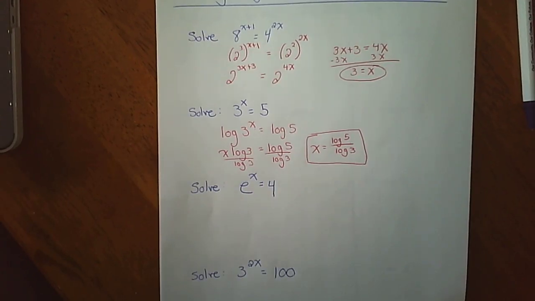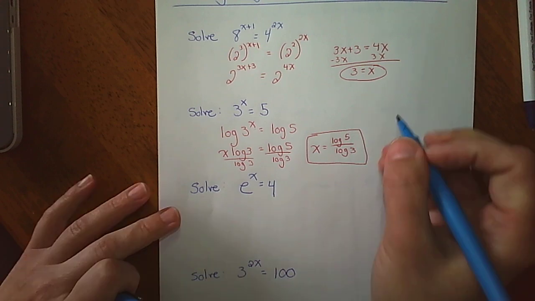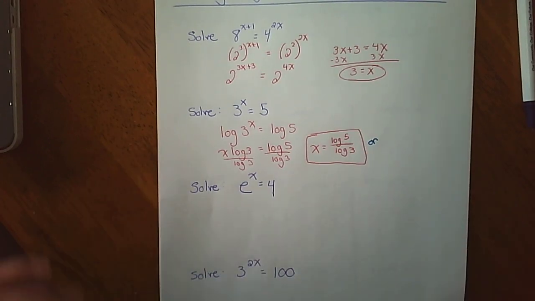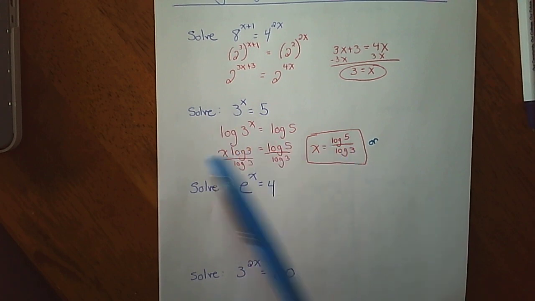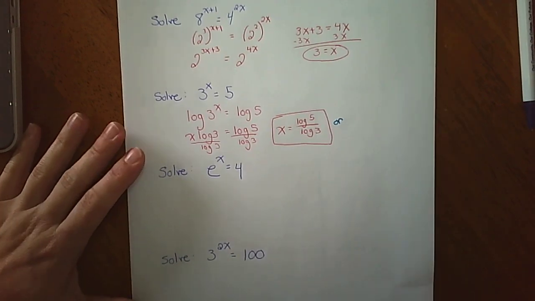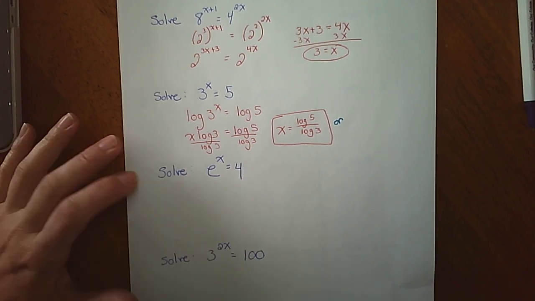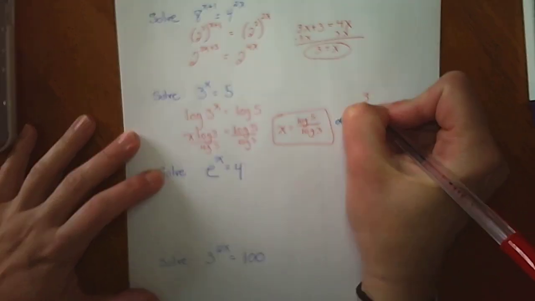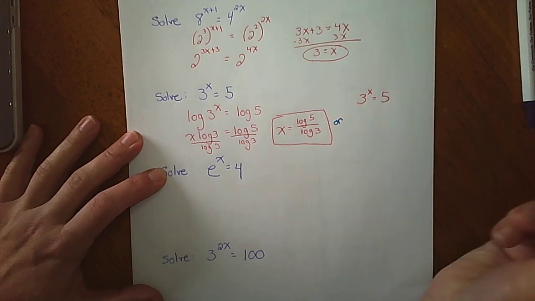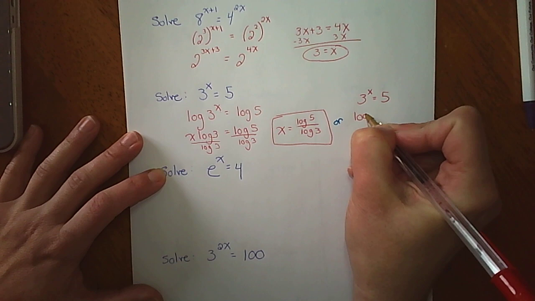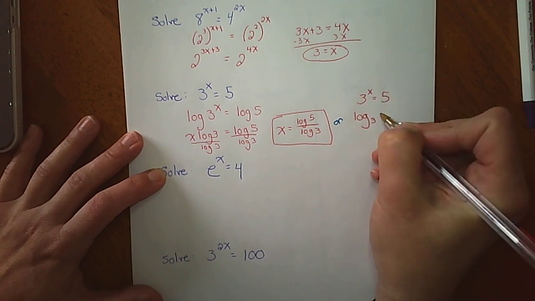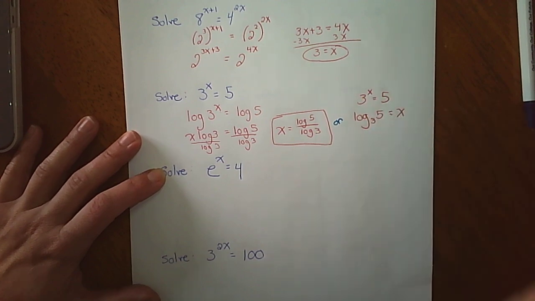Now, there is another acceptable answer for all this. And I'm going to put the word or here. Right? There are 2 ways of doing all these questions. This is one way. And then the other way uses our fancy log button in our calculator. If I were to take 3 to the x equals 5, and I rewrite this using logs, this would be log base 3, 5 equals x.